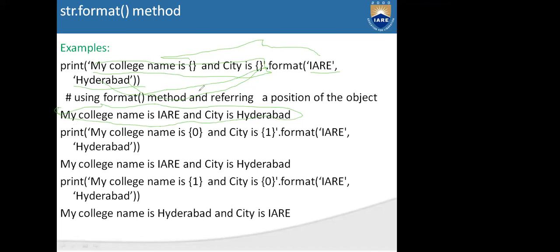By default, these flower brackets need not have any argument. In the first example, I explained without having an argument. You observe here, I don't have any argument number. So that's why it will just take one-to-one correspondence. The first one is going to be the first parenthesis, the second one is going to be the second parenthesis. Clear? Is it clear for you?